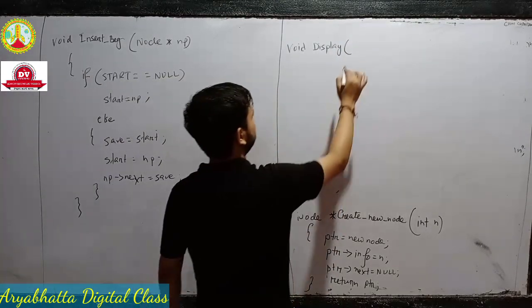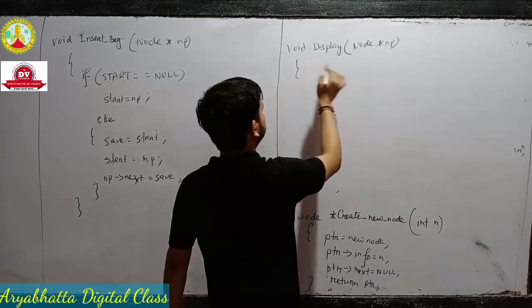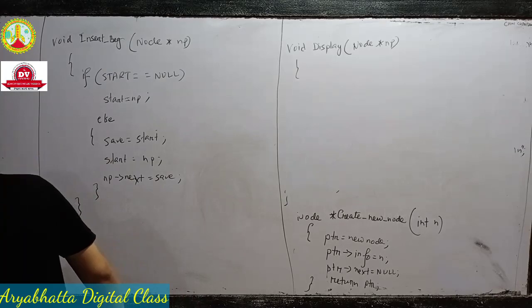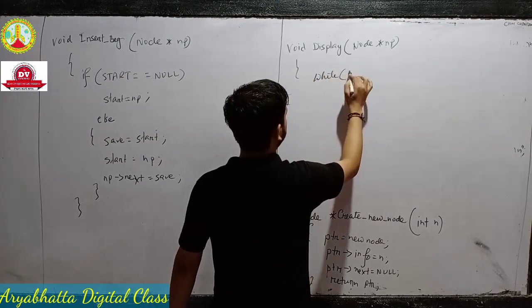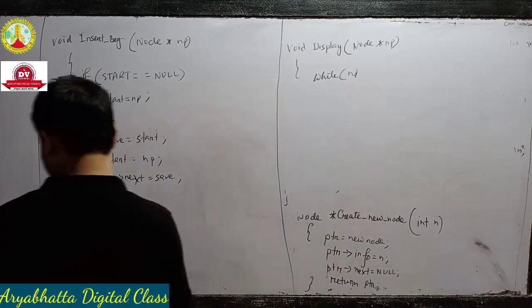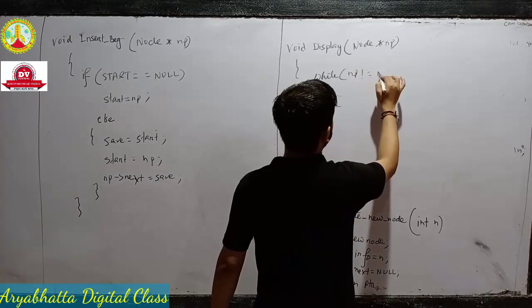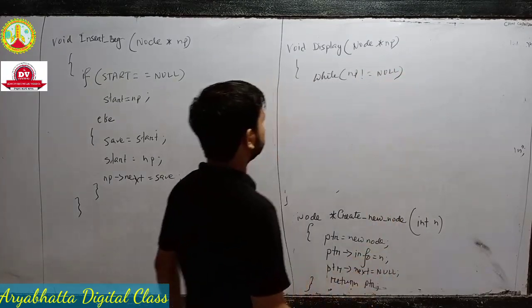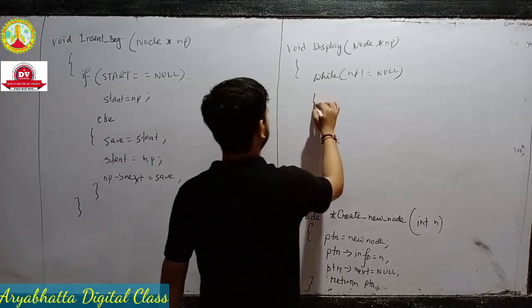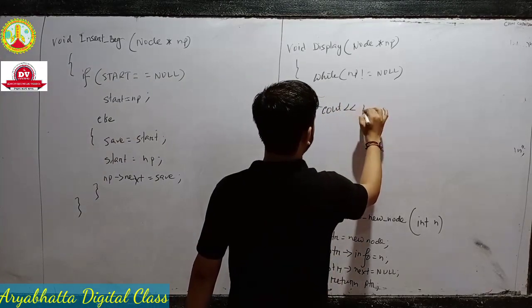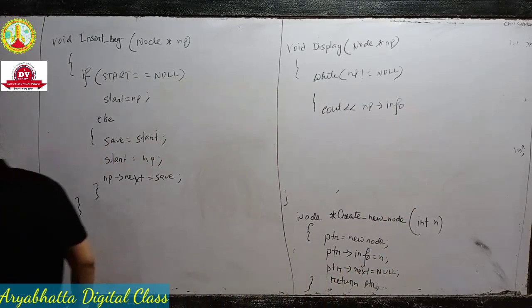Node NP, means new pointer, while NP is not equal to null, cout NP info. This is already written. Cout NP info.